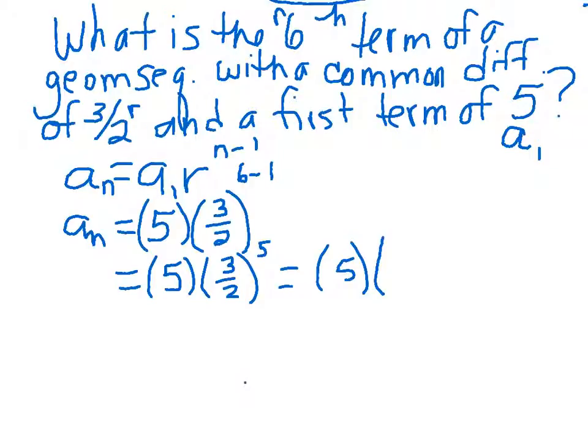Alright, so 3 to the 5th, anyone have that written down from what I said? 3 to the 4th is 81. Times 3, so that's 243. 2 to the 5th: 2 to the third is 8. 2 to the fourth is going to be 16. 2 to the fifth is 32.